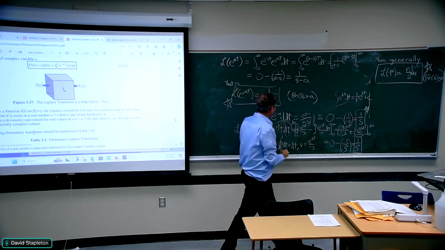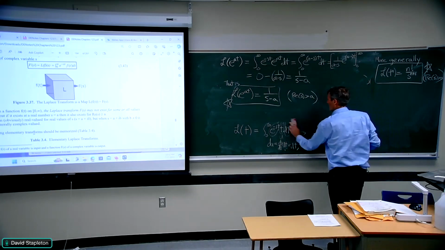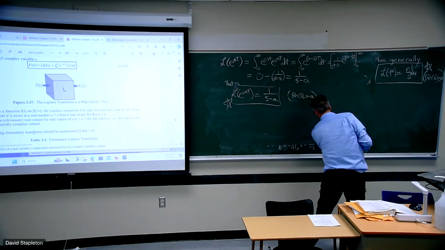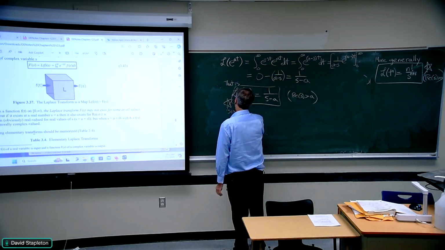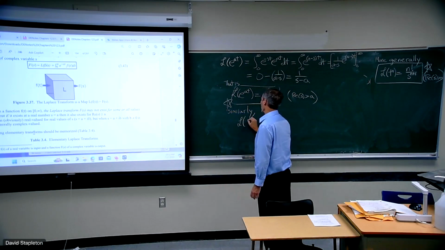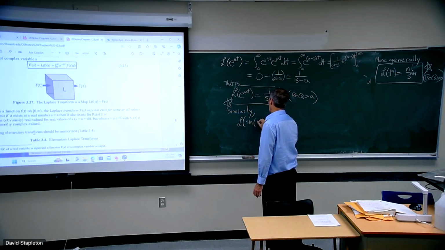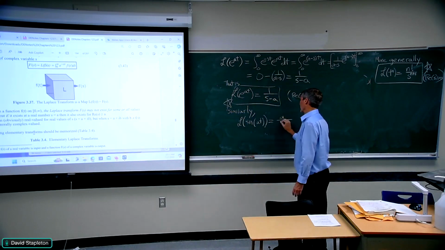And there's others we can do. Similarly, by integration by parts, again, you can show that the Laplace transform of sine at is a over s squared plus a squared.